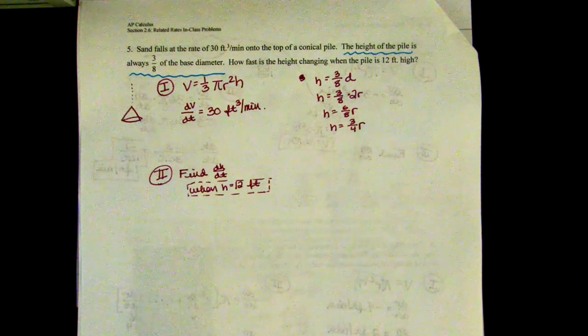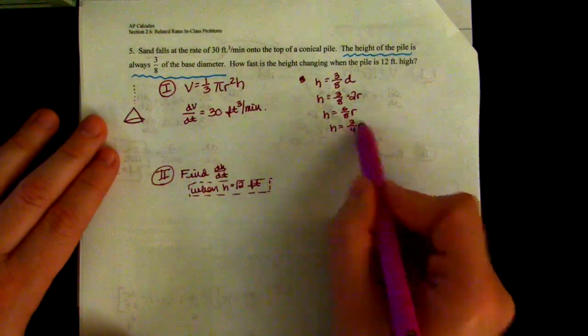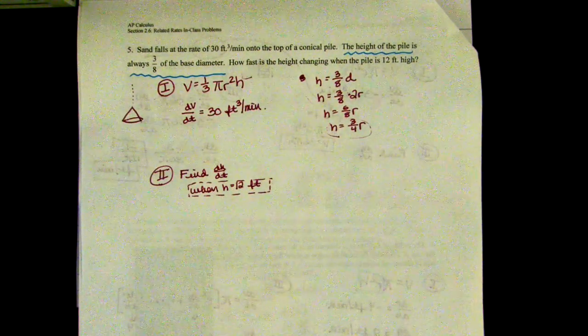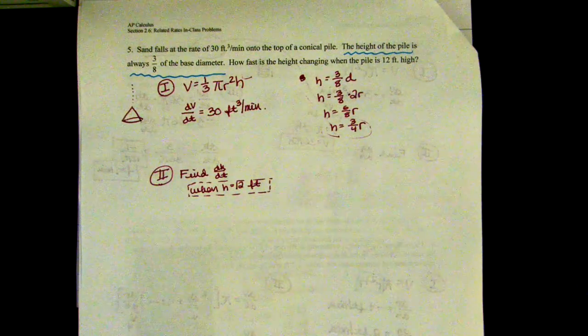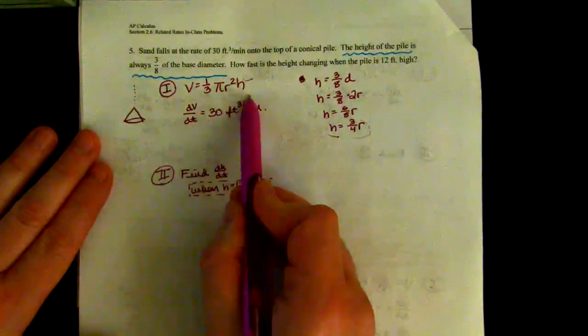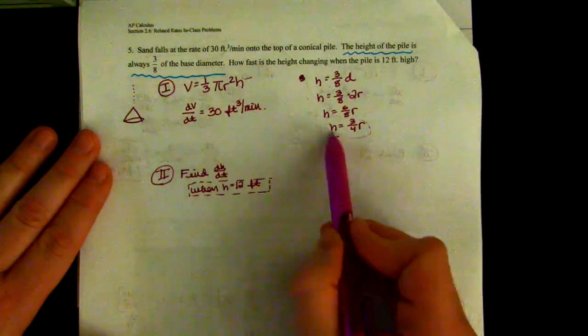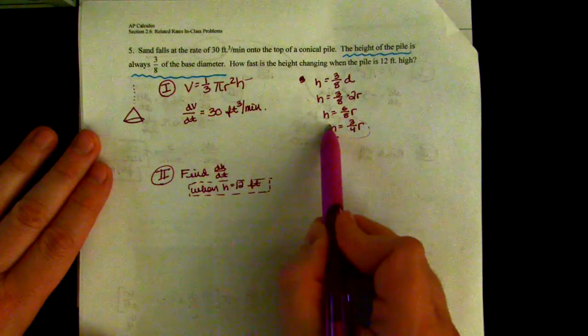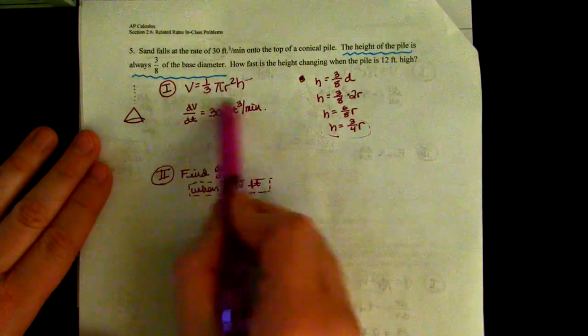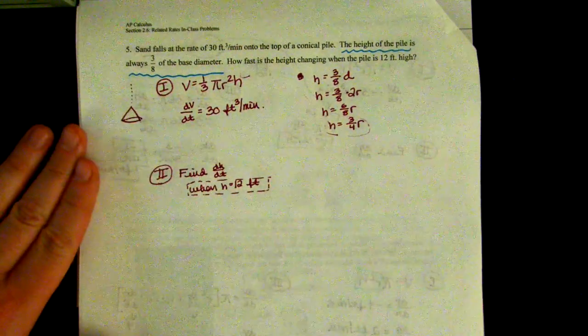And actually, since the height is always 3/4 of the radius, I could plug this in at this point. Although I've got to be careful. There are two ways I could do this. I could plug in h and get an equation that just has r's in it. Or I could solve it for r, get r equals something with h's in it, plug that in, and then just get a formula with h's in it.